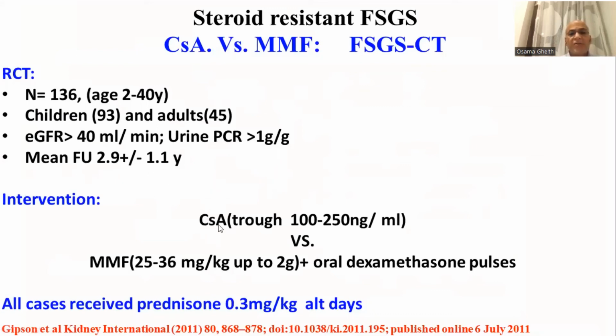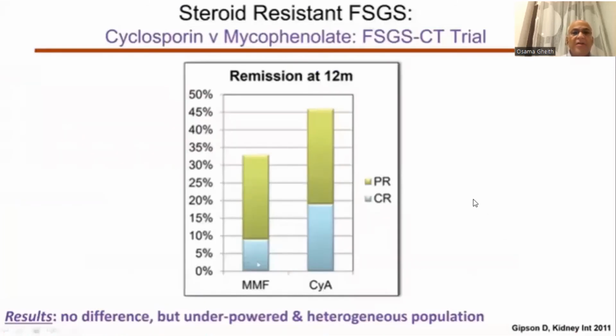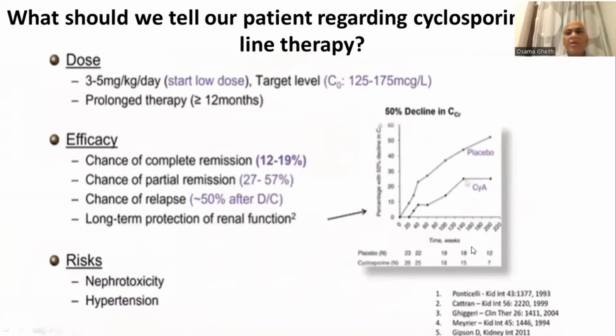They compared cyclosporin with trough level 100 to 250 nanogram per ml versus MMF and oral dexamethasone. And all patients received the steroids, 0.3. They found no difference between the two arms, possibly due to the underpowered and heterogeneous population included in the study.